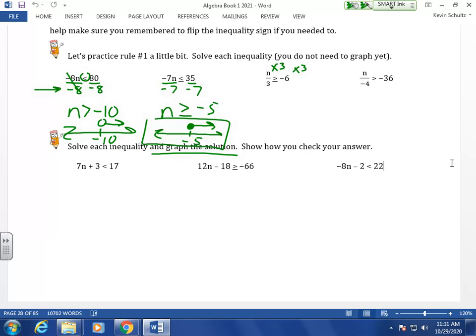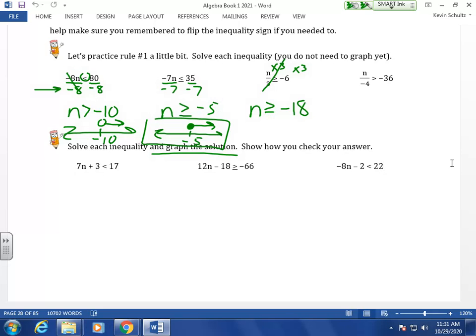Okay. But anyway, when we multiply by 3 here to get n by itself, because of course multiplying by 3 will undo the action of dividing by 3, on that right side, our solution side, we get a negative 18. Do we need to flip our inequality symbol? Why not? Lucas? It's all about what you multiply or divide by, right?